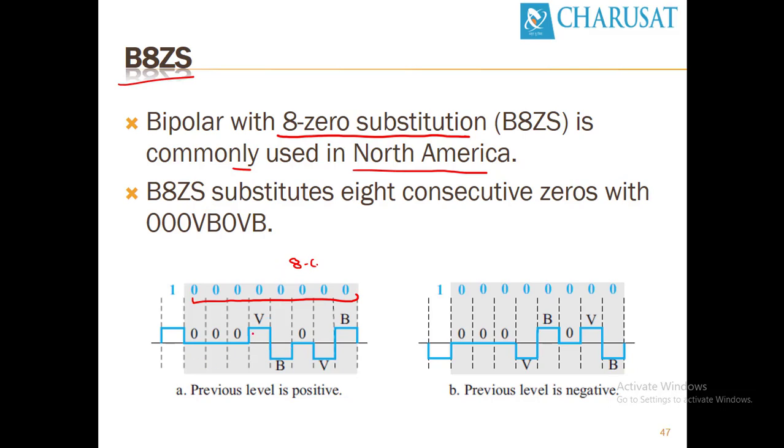Looking at the pattern, this is positive voltage, negative, negative, positive. If we take the average, it becomes 0, and the rest are 0, so the average would be 0. In the same way, negative, positive, positive, negative, and the rest are 0. So these 8-bit patterns result in 0 DC, 0 average voltage. So it won't have a DC component, and those problems of synchronization, DC component and baseline wandering can be avoided over here.